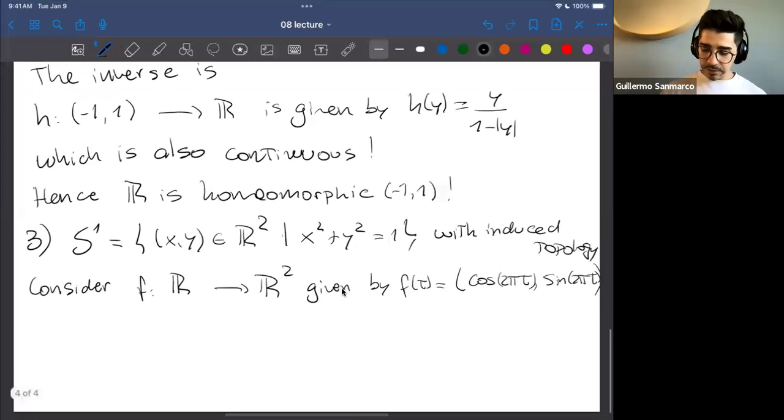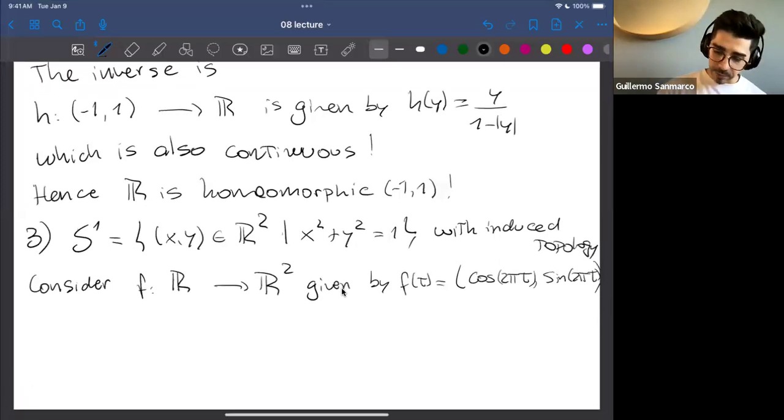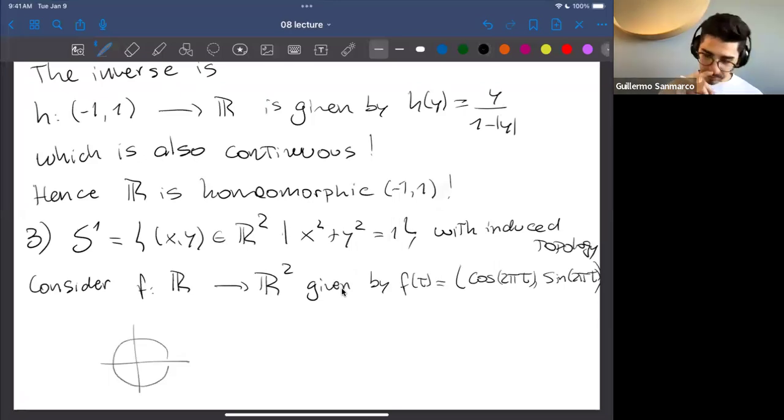What this function is doing is not something new. Here's the unit circle, and you're starting from here and going around the circle. After, say, from 0 to 1, you're already back here, and then you start doing that again, and again, and again. So this function is going across the circle counterclockwise infinitely many times.